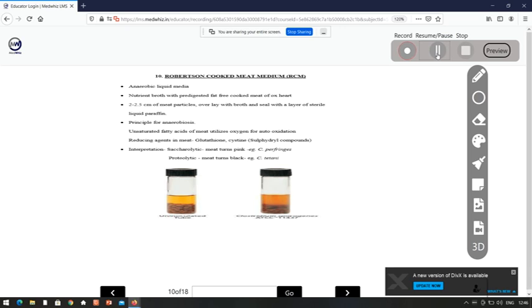In case of saccharolytic, we have Clostridium perfringens. In case of proteolytic, we have Clostridium tetani. So that's how we use this for anaerobic organisms, and based on the color changes, we can identify these initial pathogens.